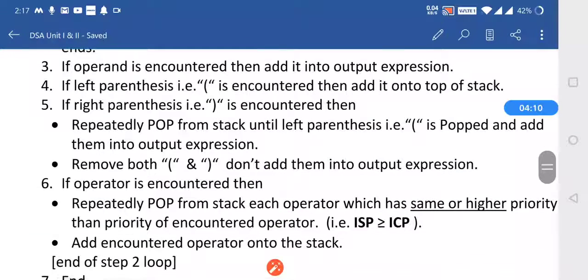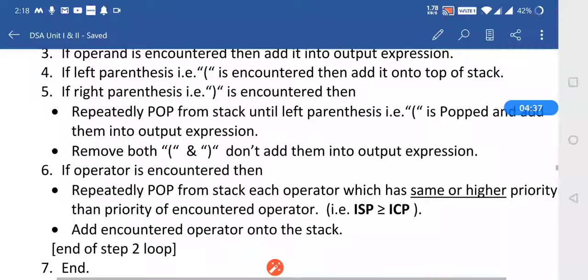If an operand is encountered, you will move that operand directly to the output expression. When you have the opening parenthesis, we will keep it in the stack. And whenever we have the closing parenthesis, whatever operators we have in the stack will be directly moved to the output, and we will remove both the opening and closing parenthesis from the stack.